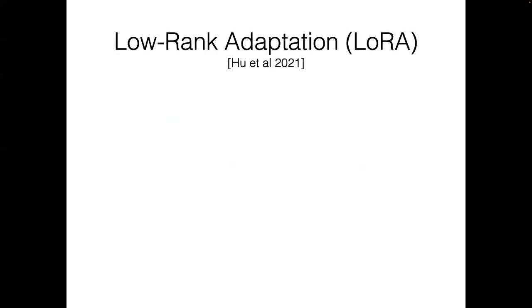So one of the most common ways nowadays for doing this is called LoRA, or low rank adaptation. So for example, if you look at those two fine-tuning libraries I mentioned, then they'll definitely have LoRA implemented. So you'll see this term come up a lot.